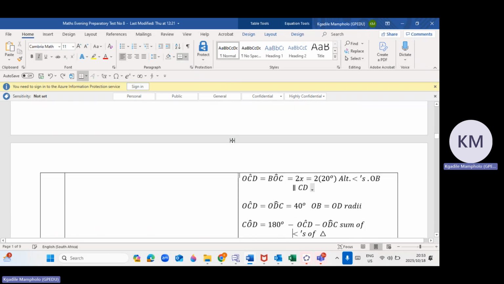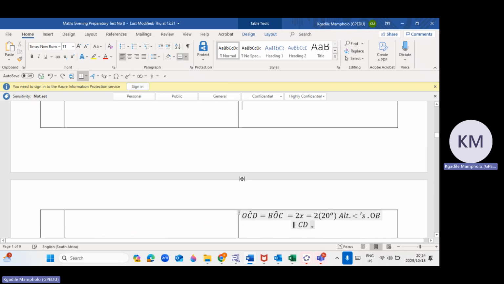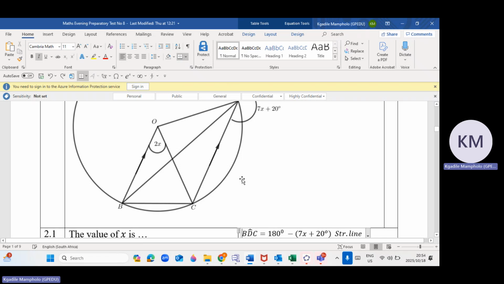So here we're supposed to say we're calculating COD.